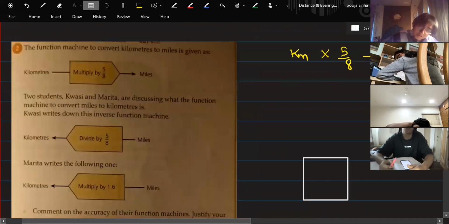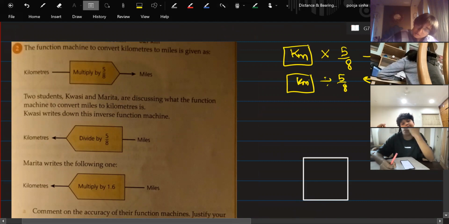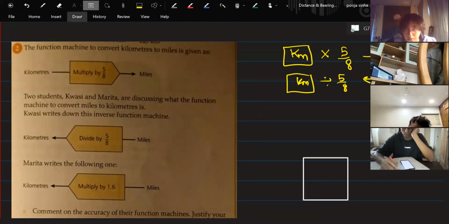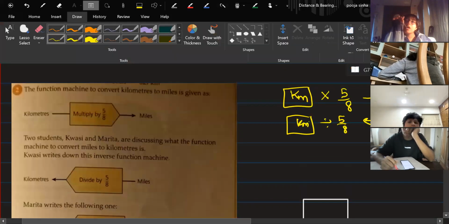And if you want to go back from miles to kilometers, then you will divide by 5/8, because now I'm going the other way around. Is my point clear? We are going from kilometers to miles.